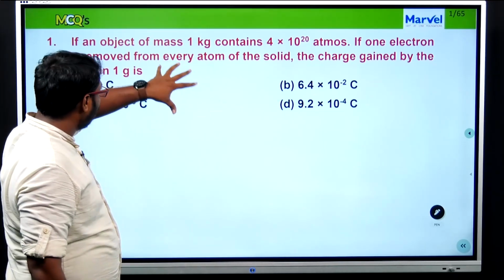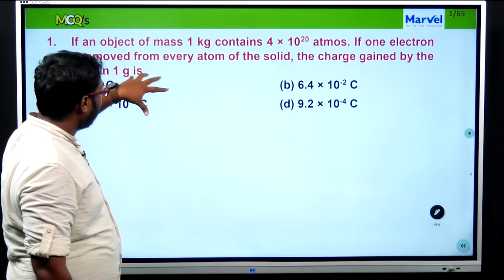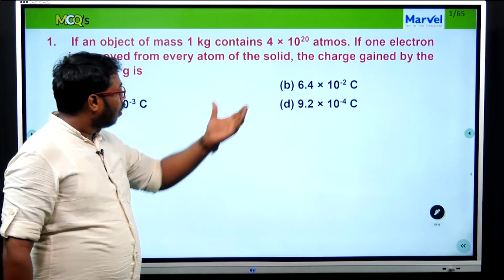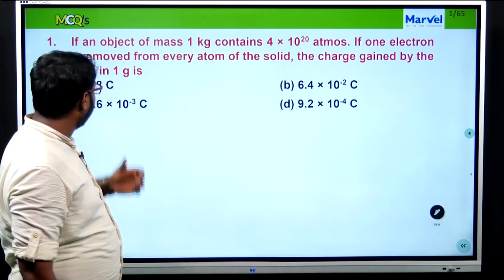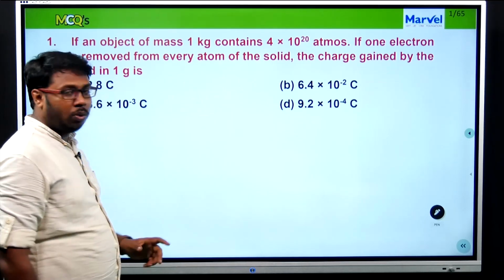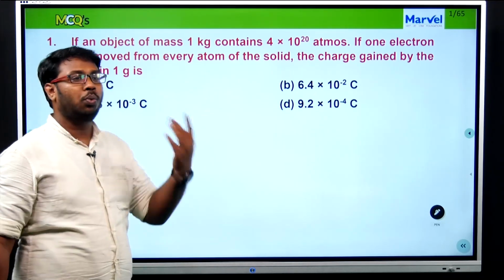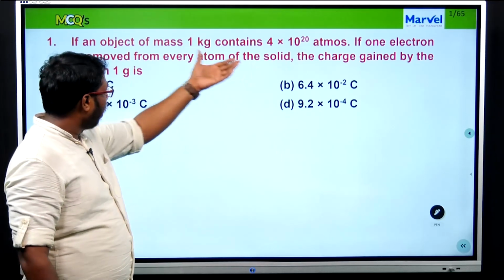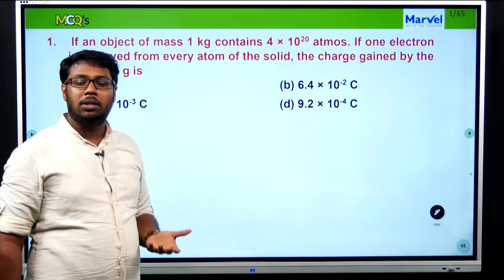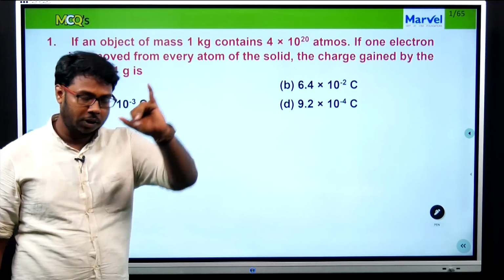So 1 kilogram sized mass has 4 into 10 power 20 atoms in them. But we are interested only in finding the number of charge that is present only in 1 gram. So first what I have to logically do is I have to divide it accordingly to know how many atoms are present in 1 gram of solid. That is the first thing.